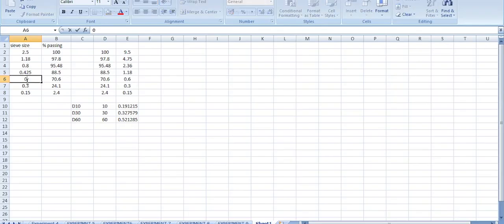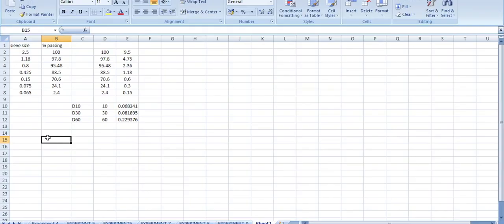This should be 0.075. This should be 0.115, 0.075, 0.065.